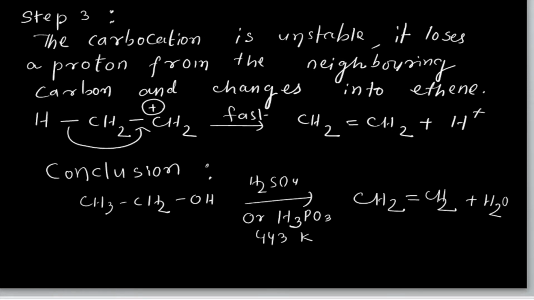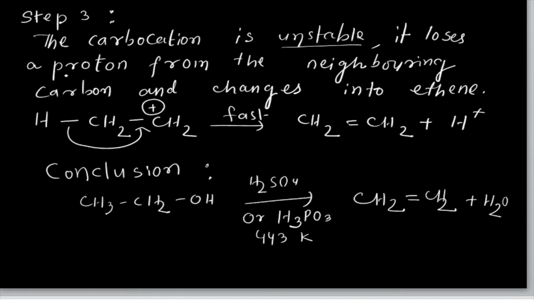Remember, the carbocation is very unstable. I told you that carbocation is always unstable, but when you compare different types of carbocation, this is very important. Now here, the primary carbocation is also unstable.